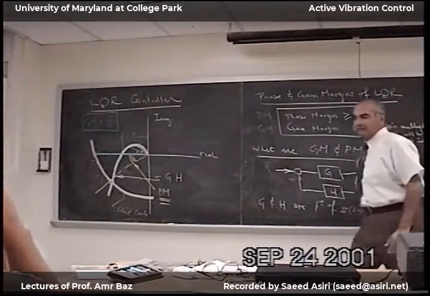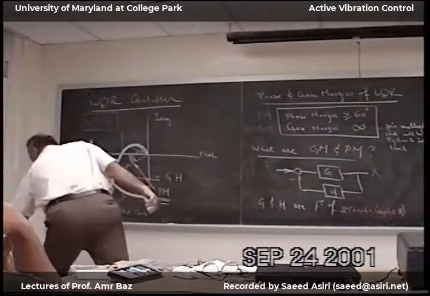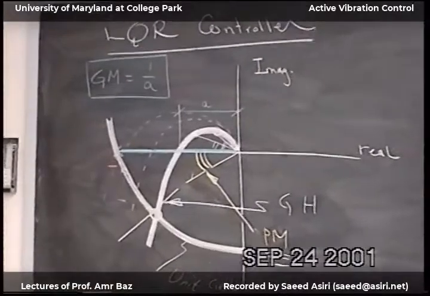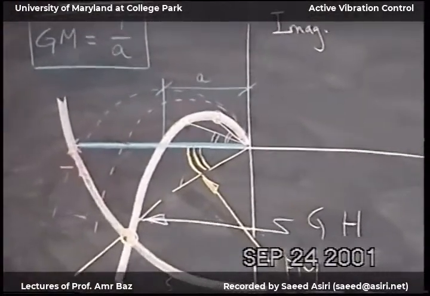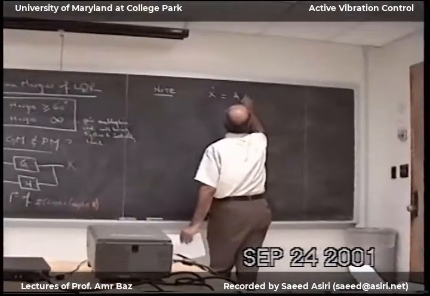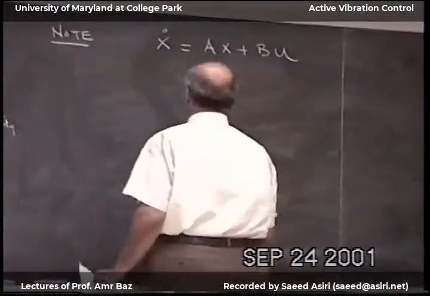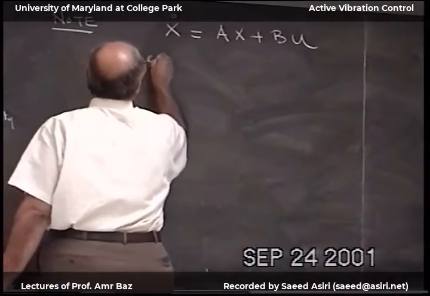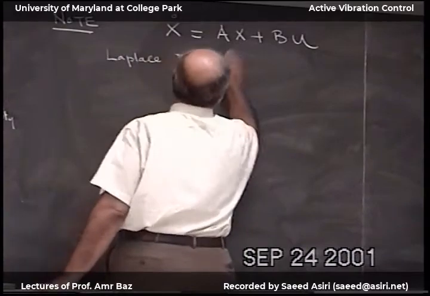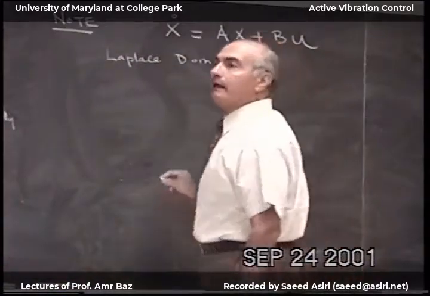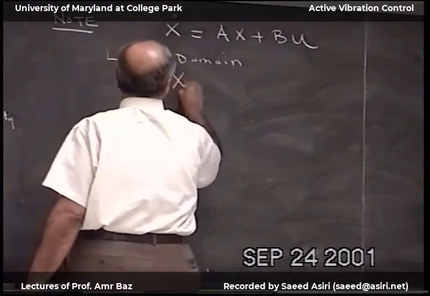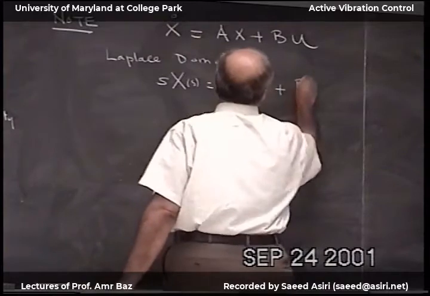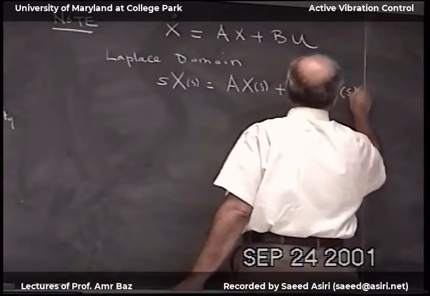Now we need a couple of things. First thing is we have x dot equal to Ax plus Bu. Now in the Laplace domain, the x dot will be s X(s), and this would be A X(s) plus B U(s).